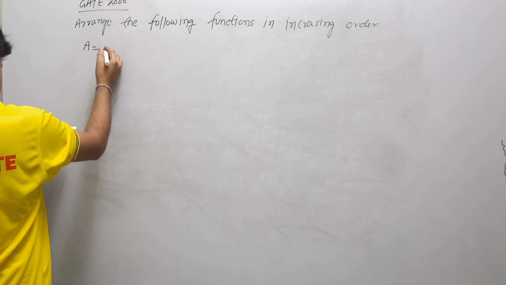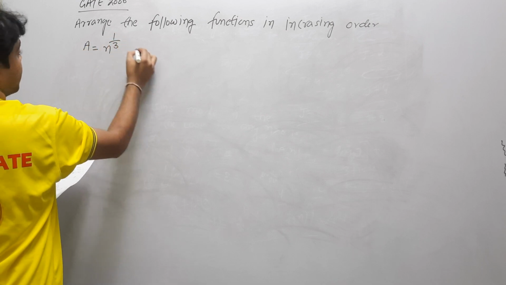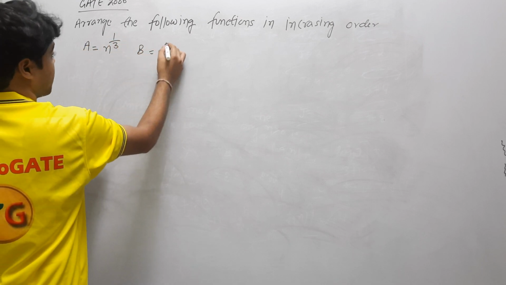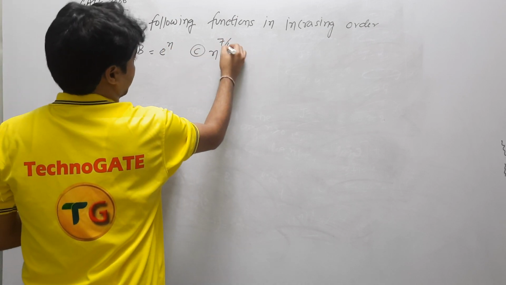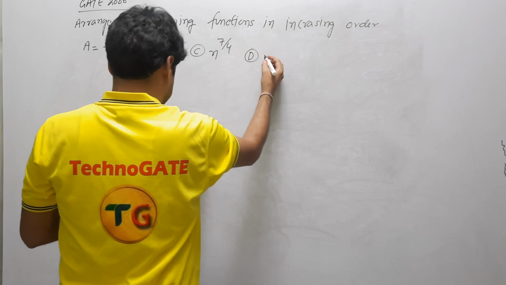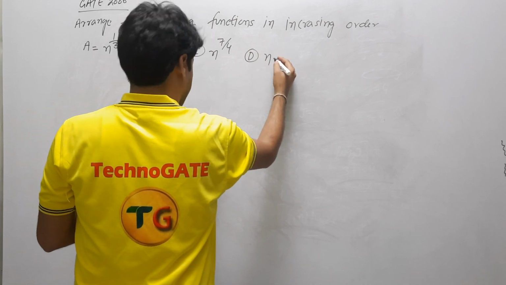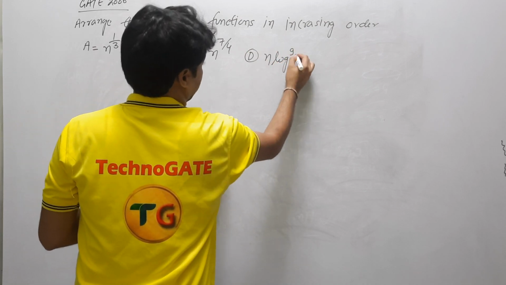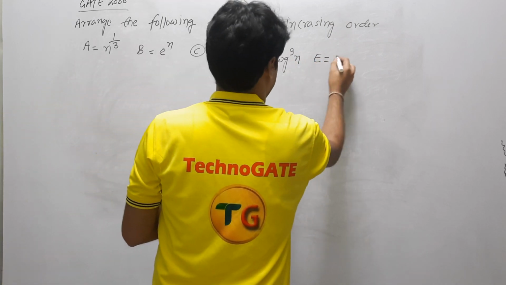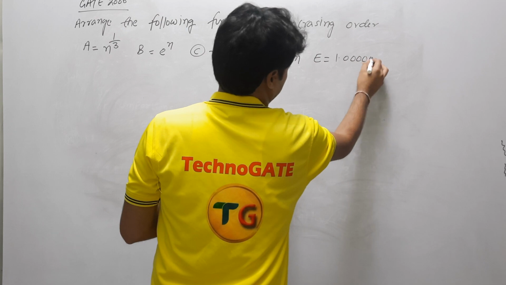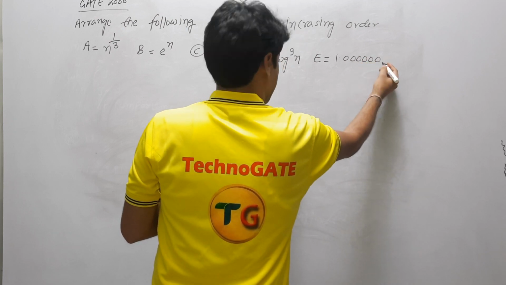Here A is n raised to power 1 by 3. B is e raised to power n. C is n raised to power 7 by 4. D is n raised to power n log n raised to power 9. And E is 1.00000001 raised to power n.